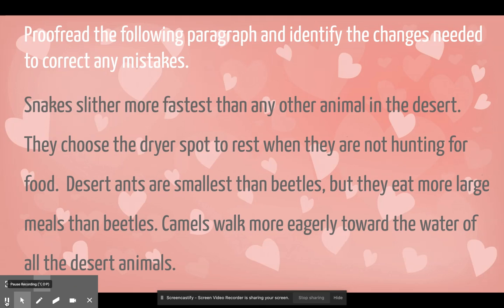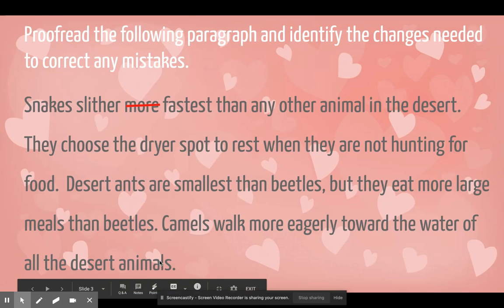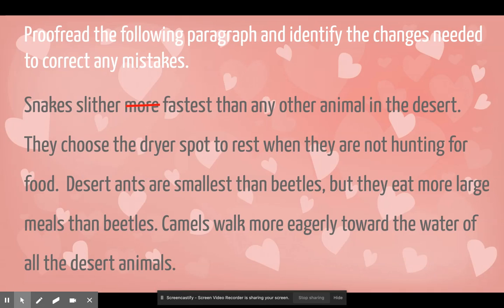You should have said, snakes slither fastest than any other animal in the desert. So, because fast is a one syllable word and doesn't end in ly, we don't need the more in front of it. So, snakes slither fastest than any other animal in the desert.